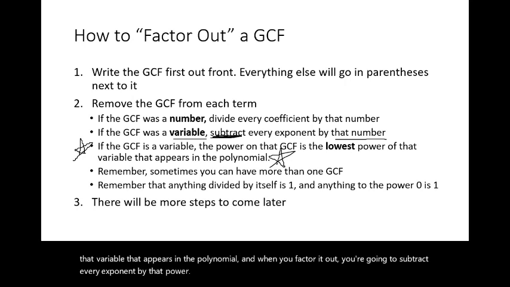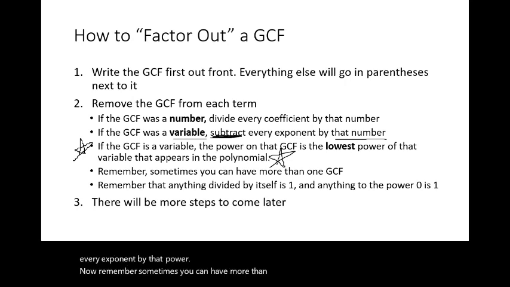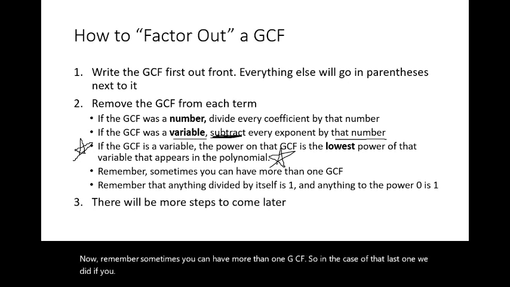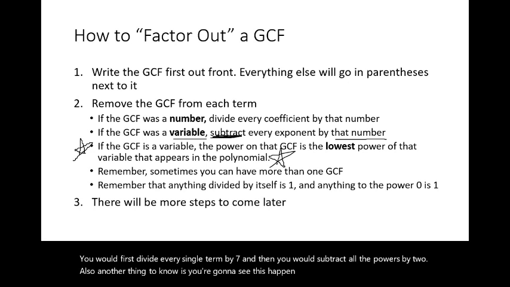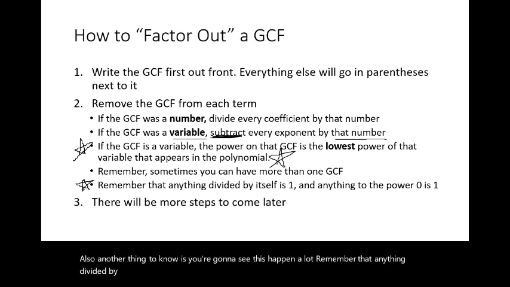Now remember, sometimes you can have more than one GCF. So in the case of that last one we did, you would first divide every single term by 7, and then you would subtract all the powers by 2. Also, another thing to note is you're going to see this happen a lot. Remember that anything divided by itself is 1, and anything to the power 0 is equal to 1.